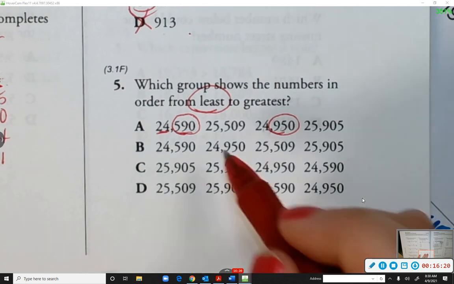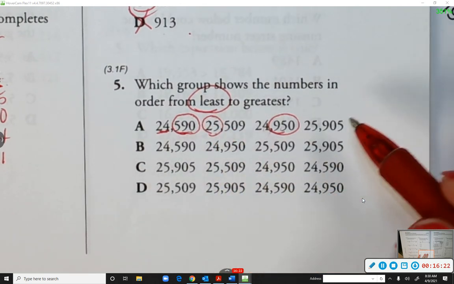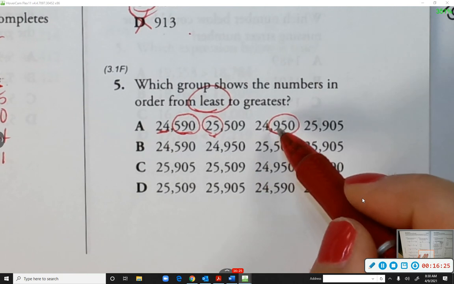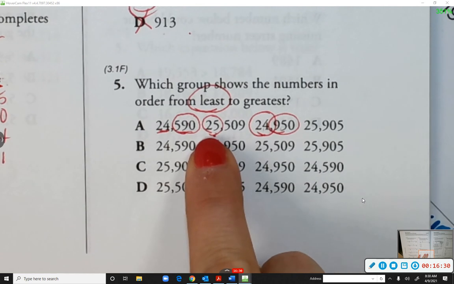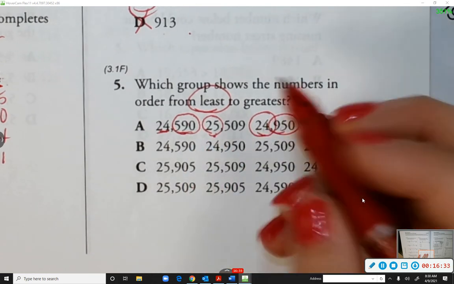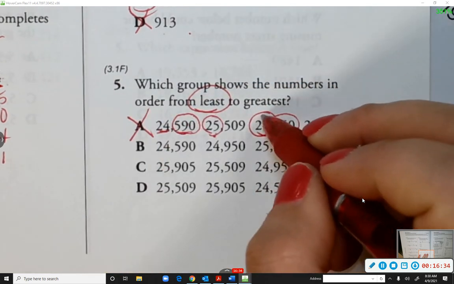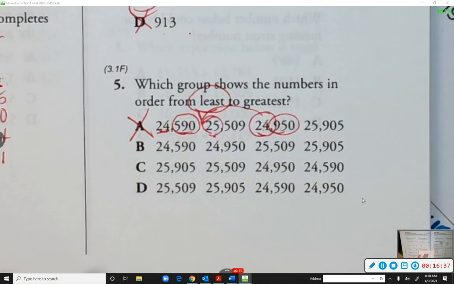Good. If you look here, 25,000 should not be in front of a 24,000 if you're going in order from least to greatest, because 25 is more than 24. So that's where they messed up. This one should actually be next. It should be second. Okay?